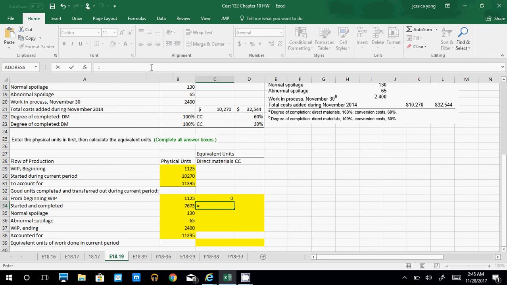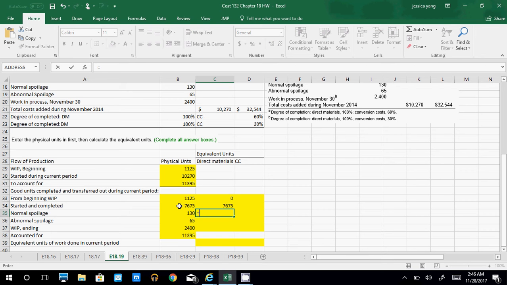Now, to get the started and completed for equivalent units of direct material, we just take the 7,675 physical units and multiply that by 100%, which gives us a total of 7,675 units.